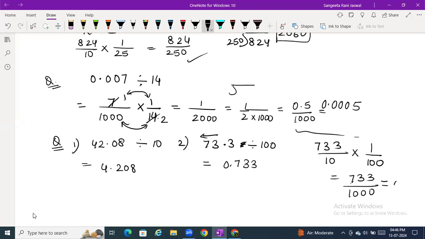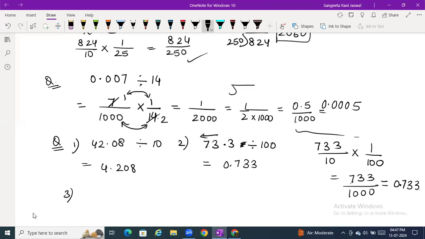Because 3 zeros are here. So 0.733. You understood this? Yes. Okay, don't get confused between multiply and divide. In multiply, our decimal point goes towards the right side. But in divide, our decimal point moves towards the left side. Okay, ma'am.